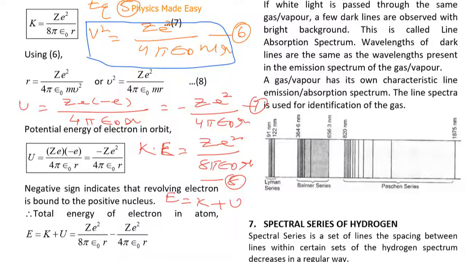So now what will be the formula for total energy? This plus this. Kinetic energy is half of the potential energy in magnitude. Now the total energy will be equal to half of the kinetic energy with negative sign, z e square by 8 pi. Let me write it.